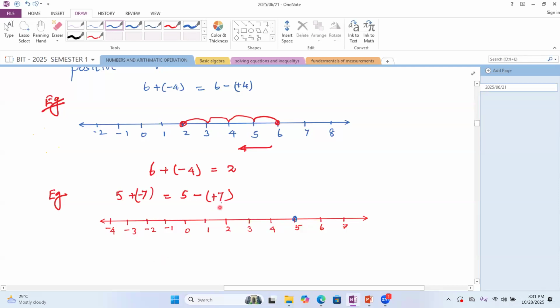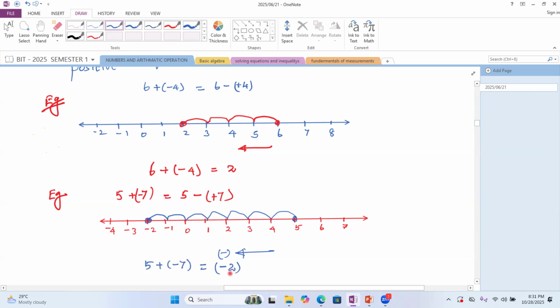We move 7 units in the negative direction: 1, 2, 3, 4, 5, 6, and 7. This is the result. So we can write 5 plus negative 7, that is minus 7, that is equal to minus 2, negative 2.